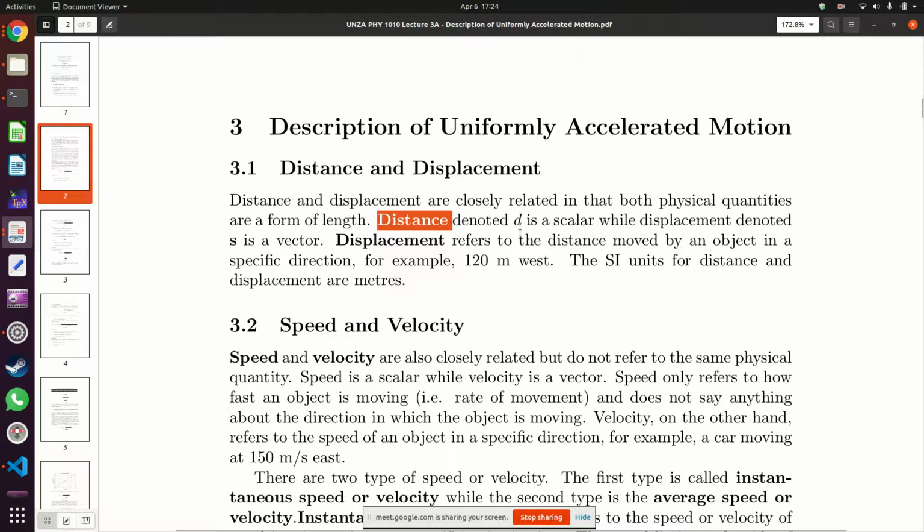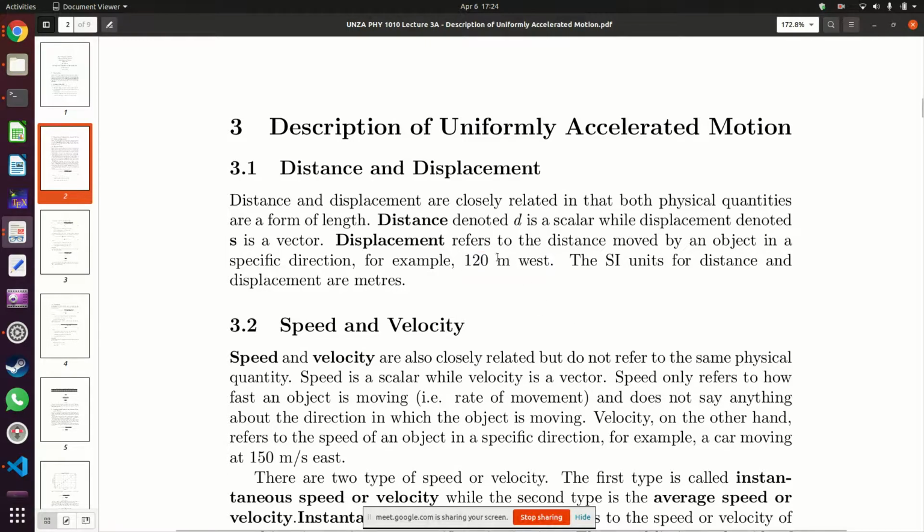On the other hand, displacement is a distance in a specific direction. So you cover a certain amount of distance, but you also need to tell us in which direction this distance was covered. For example, here you have an object which moves or covers a displacement of 120 meters west.